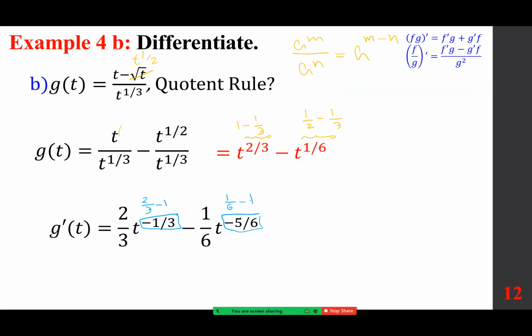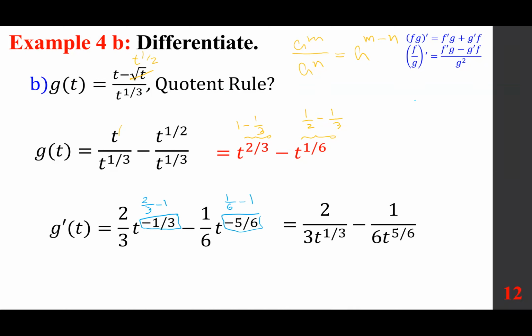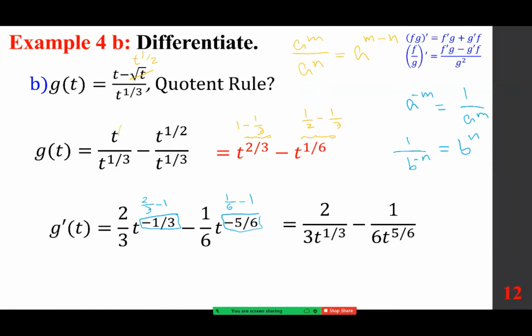We take them down and we make them positive exponents. Again, a to the power of minus n is 1 over a to the power of n. 1 over b to the power of minus n is b to the power of n. So those are negative exponential rules that we know. I wanted to remind you again.